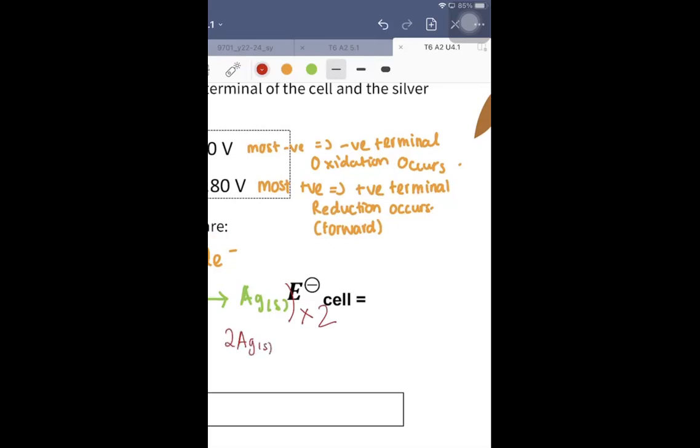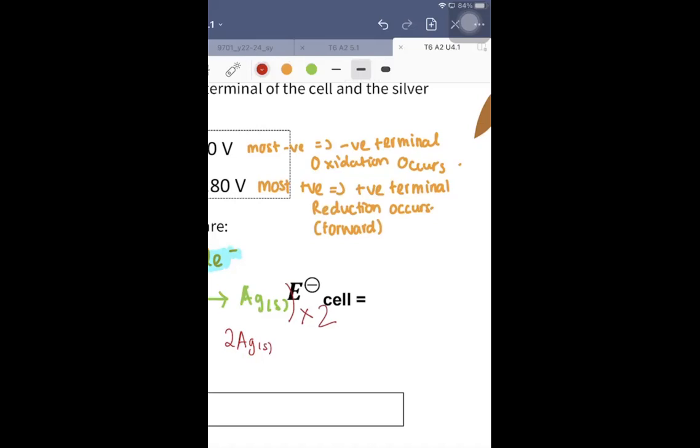Once your electrons are balanced, then only can you combine them both like this. H2, all the reactants go on the reactant side, plus 2 Ag plus aqueous.